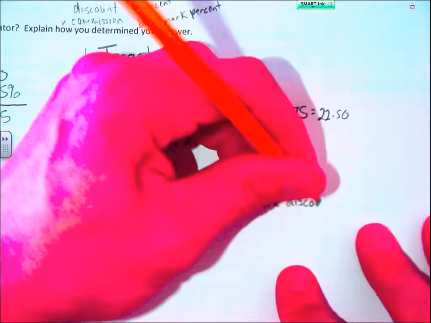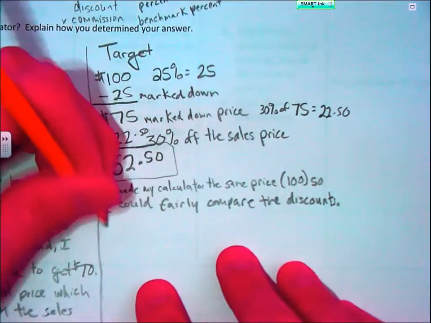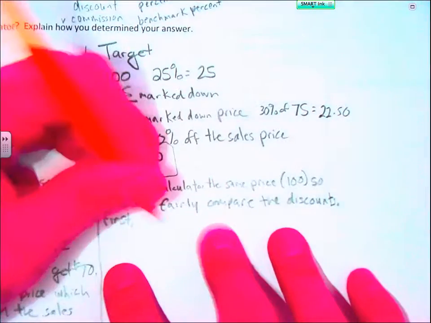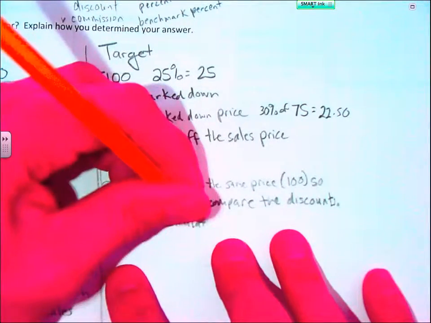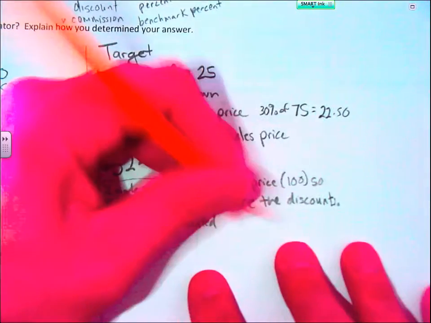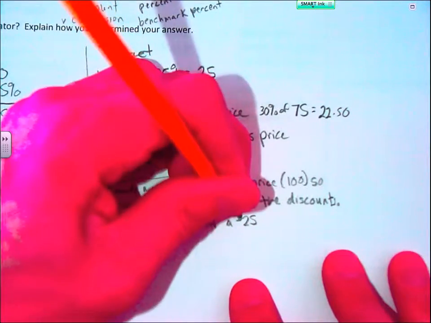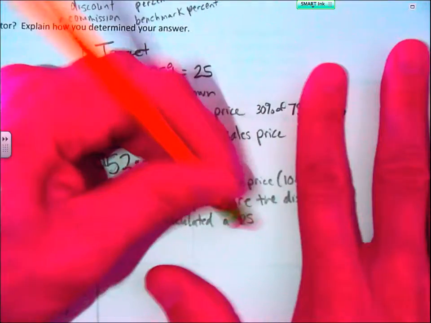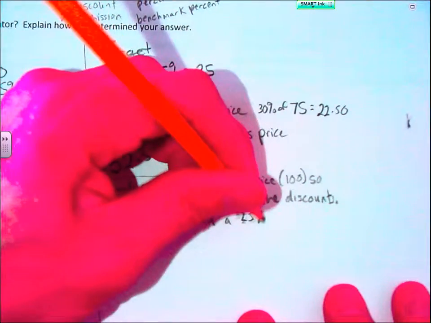Vocabulary word. Look at Mr. Molnar go. First, I calculated a 25% discount.